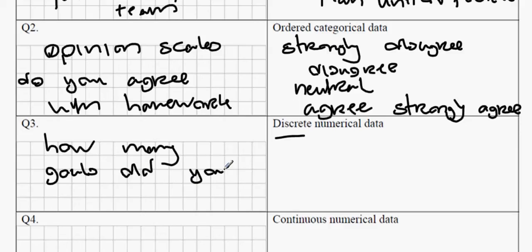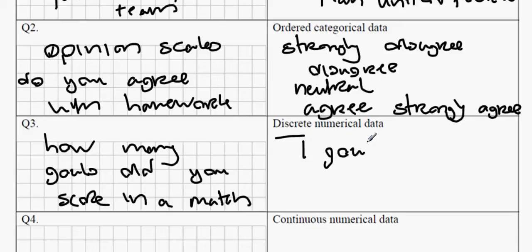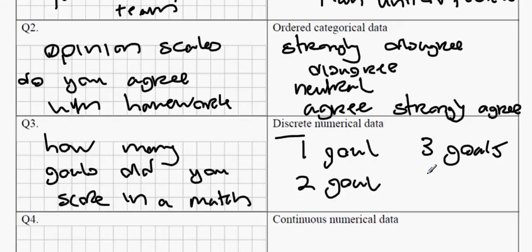The example of discrete numerical data would mean either score 1 goal or 2 goals. You don't score 1.5 goals. It's impossible to say you score 1.5 goals. So it's basically usually whole numbers, and you either score 3 or you score 4. There's no debating. You score 3.1 goals.